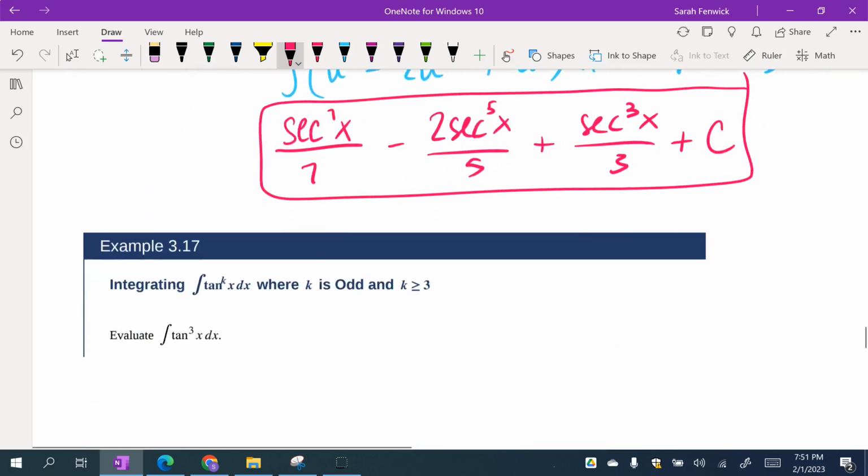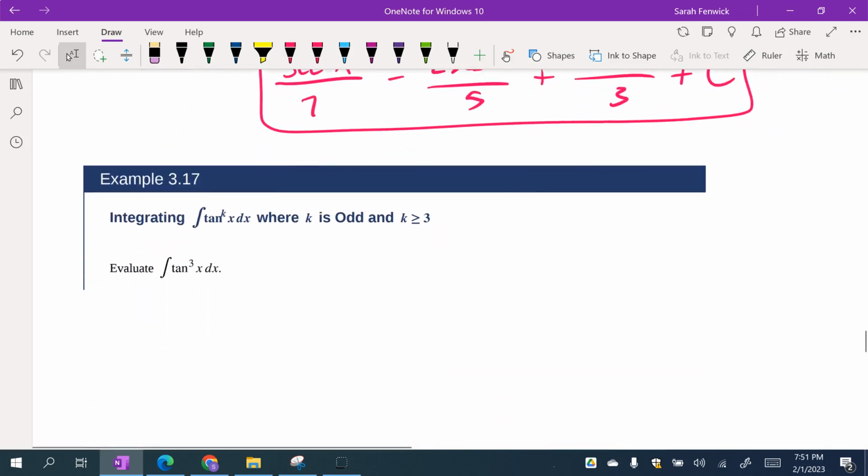All right, how about integrating tan to the k when k is odd and k is greater than or equal to 3? If k is greater than or equal to 3, then we are going to rewrite as tan x tan squared x.